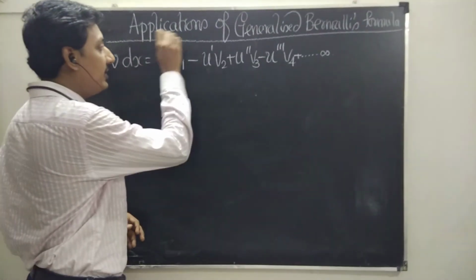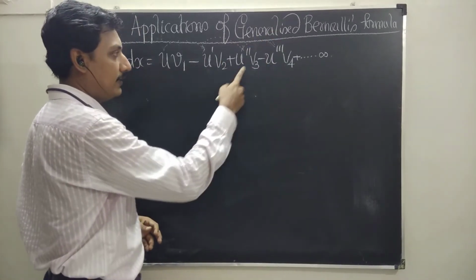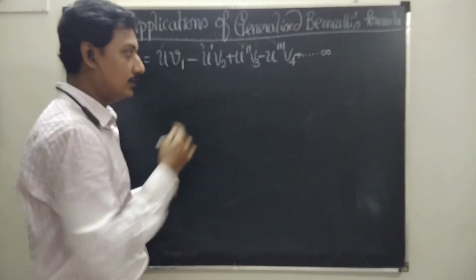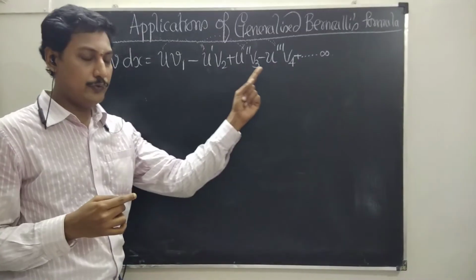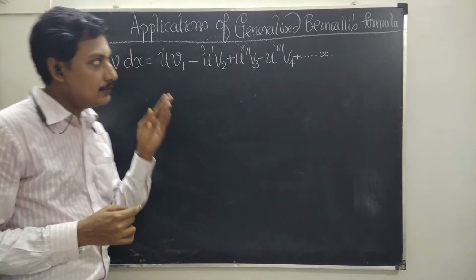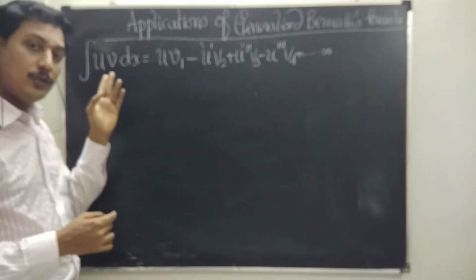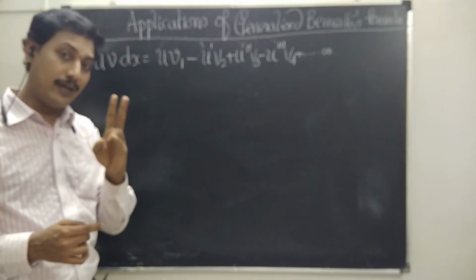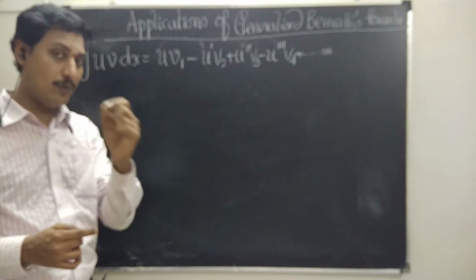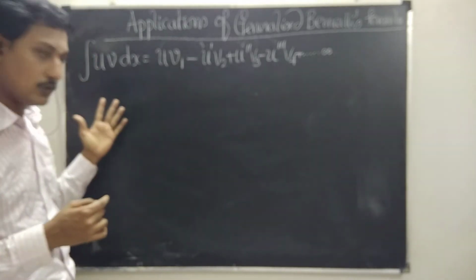So just differentiate u first time, second time, third time, successive differentiation. v1, v2, v3, v4 are called the integral values of v. This formula is applicable only when, among the product of two functions, any one must be a polynomial, then that should be considered as u. Got it?